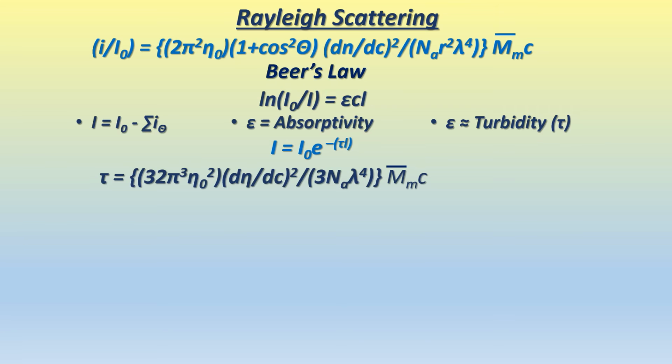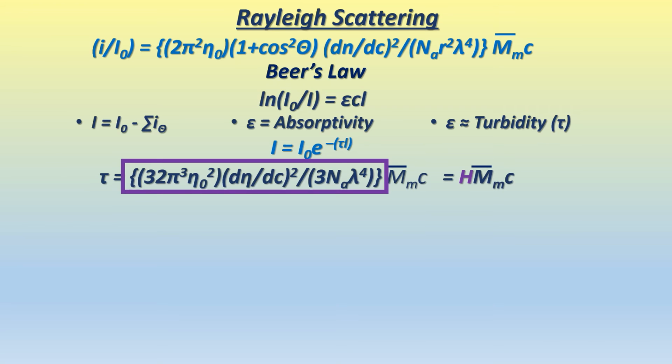The concentration, which is known, where the only unknown is now the mass average molar mass. This term, which has all of your knowns, or what would be called machine constants, such as the change in index with concentration, is simply given as a term H.